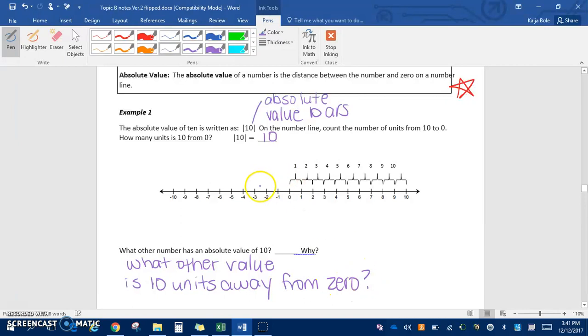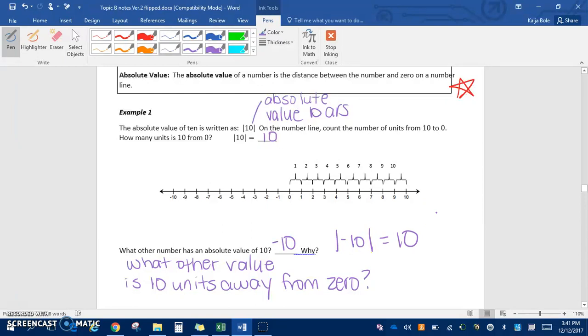If we think about it on a number line, if we look back up here, another value that's 10 units away from 0 would be negative 10. This would also have the absolute value of 10 because it's 10 units away. So we would write this, with the bars, negative 10, and this just equals 10.